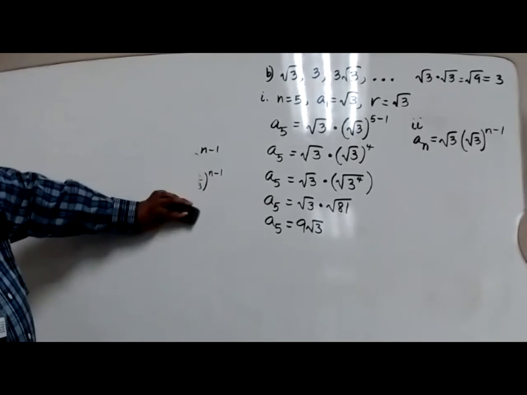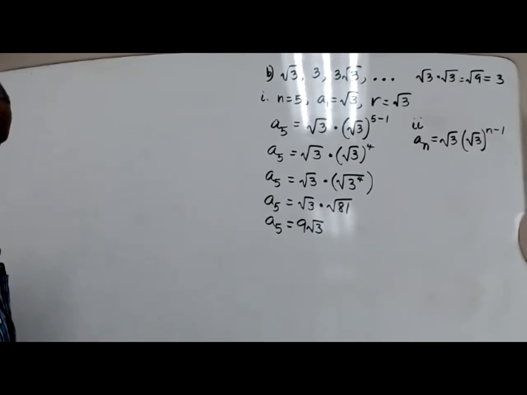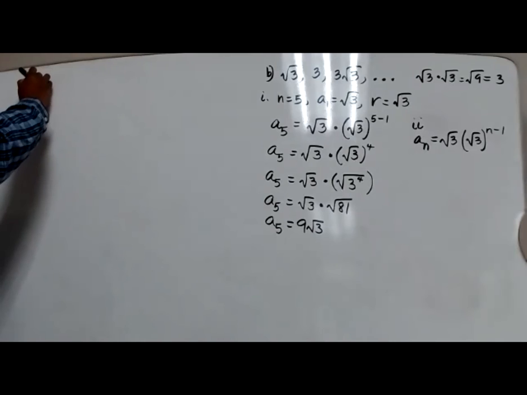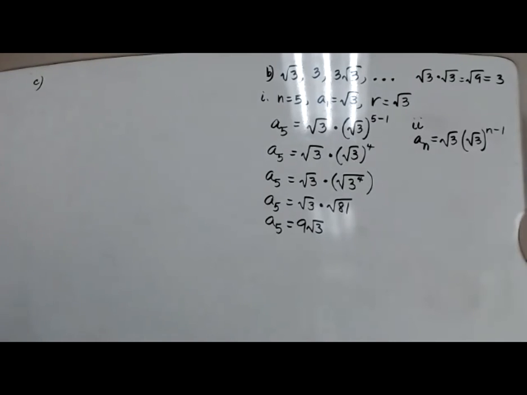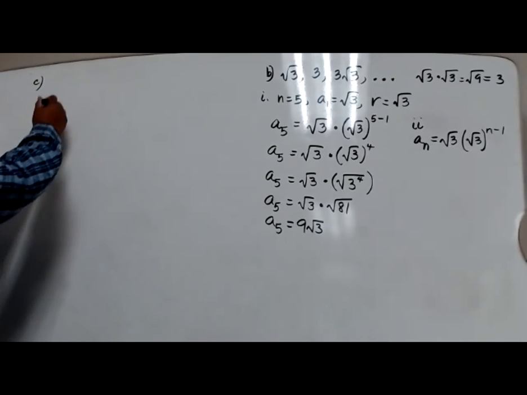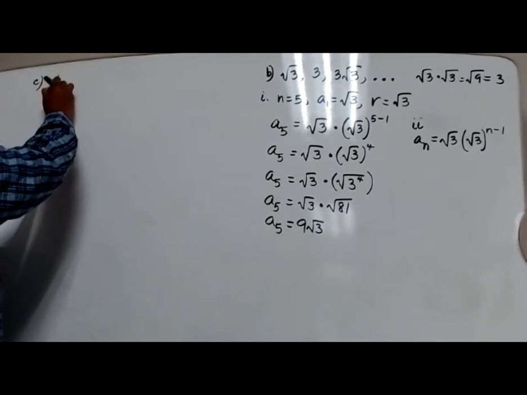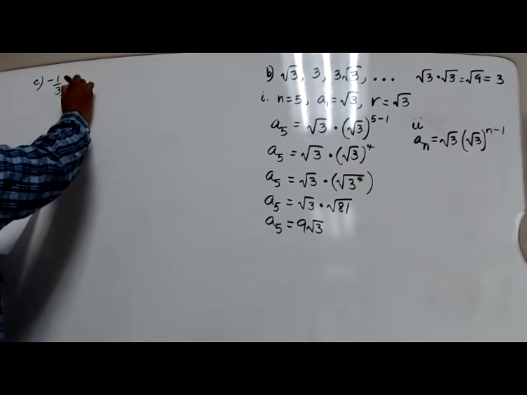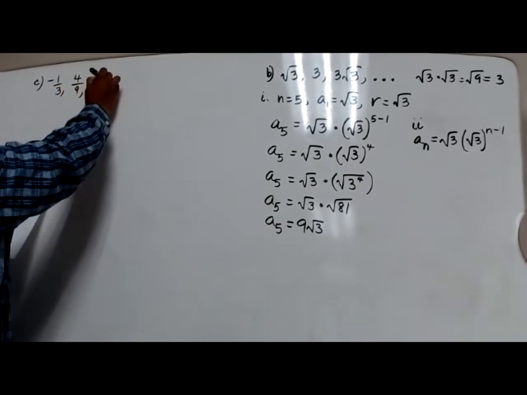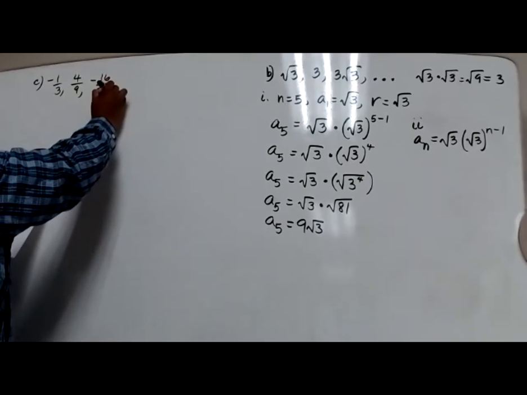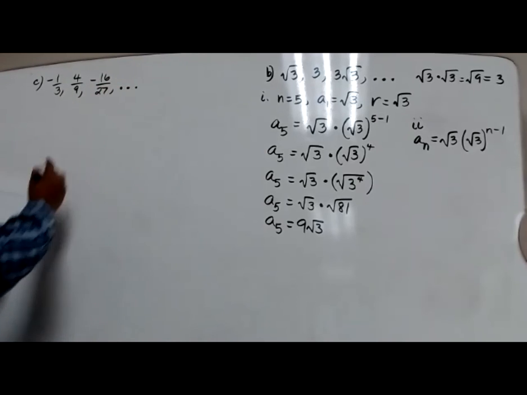All right, any questions on part B? All right, and part C. So we got negative 1/3, and then 4/9, then negative 16 over 27, and so on.